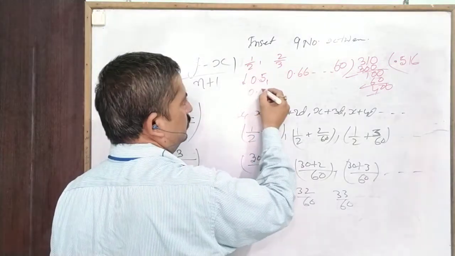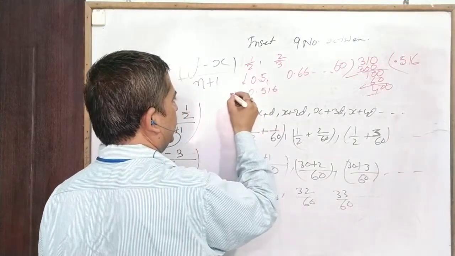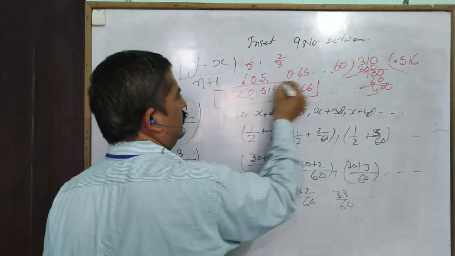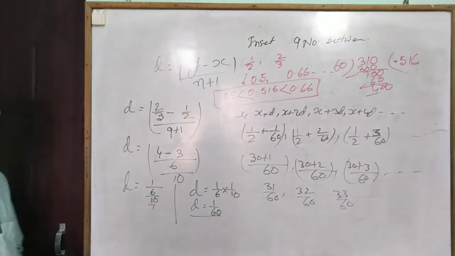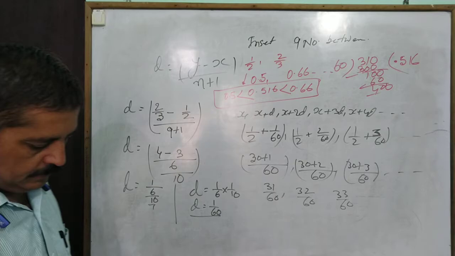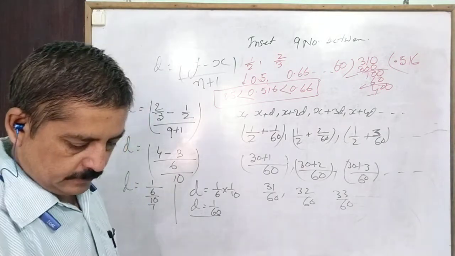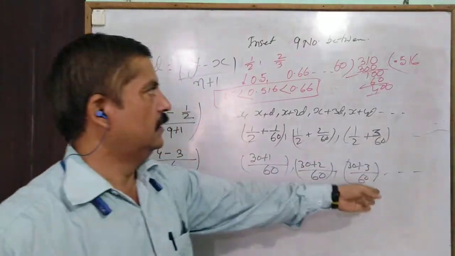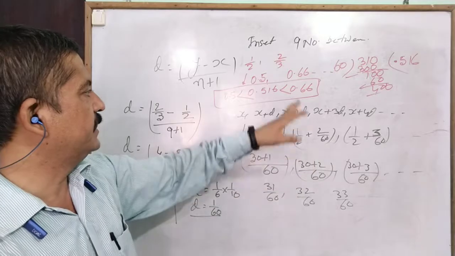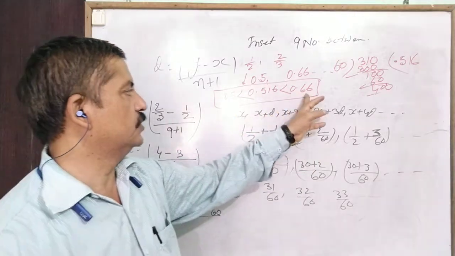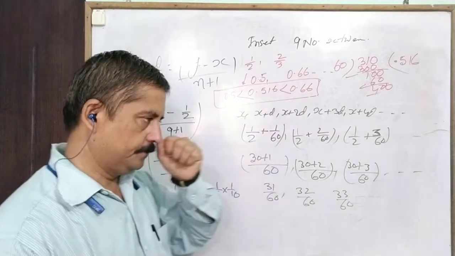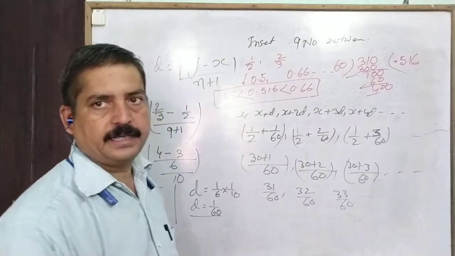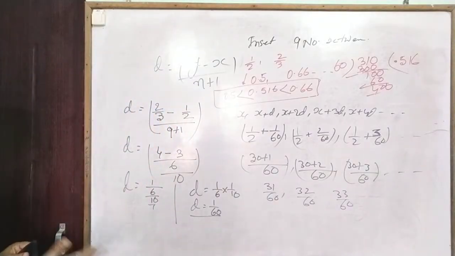So 0.516 is greater than 0.5 and less than 0.66. So just check the numbers like 33 by 60 and so on. All the values lie between 0.5 and 0.66. So all the values are correct, because all lie between them.